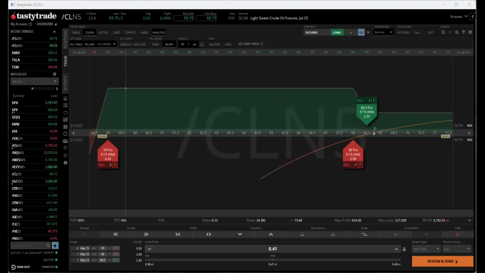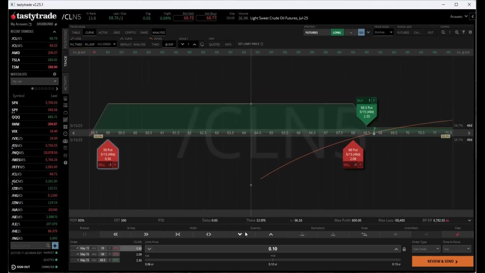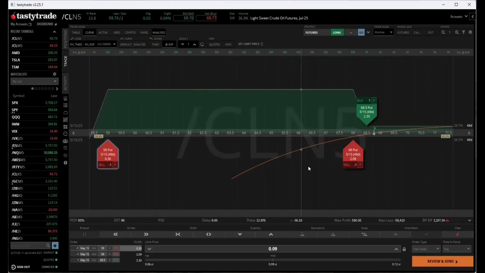So let's do a CL at the money 112 trade, not a 111. It's a 112 trade. And then if you wanted to turn it into a 111 trade, it doesn't quite work out great.